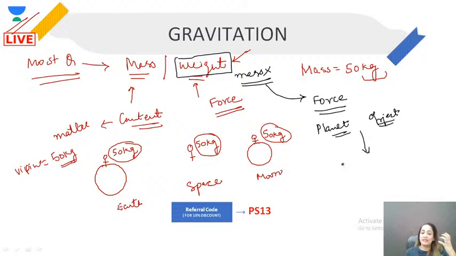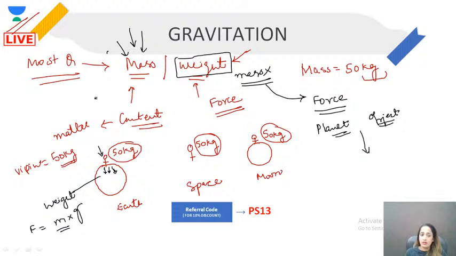So it is a force. It is not the content present in you. For example, Vipin is here, over here on Earth. The force with which Earth pulls Vipin towards itself is called the weight of Vipin. And we know that the force is equal to m into g. And what is this m? This m is the mass that Vipin has. So it was 50 kgs.